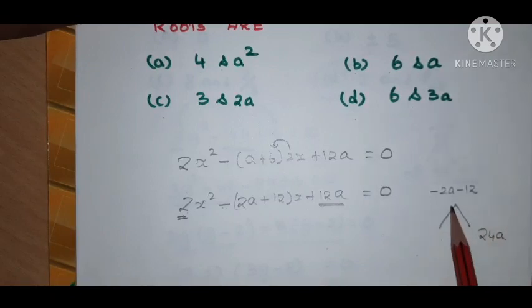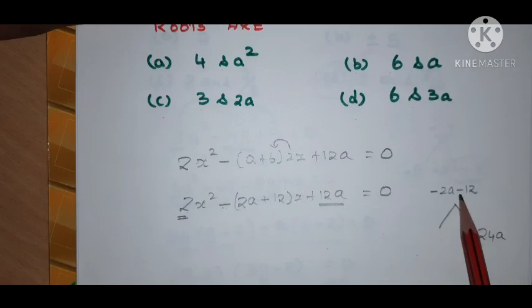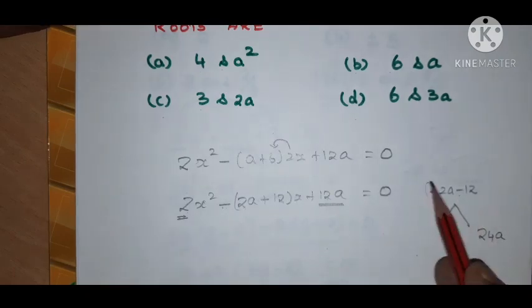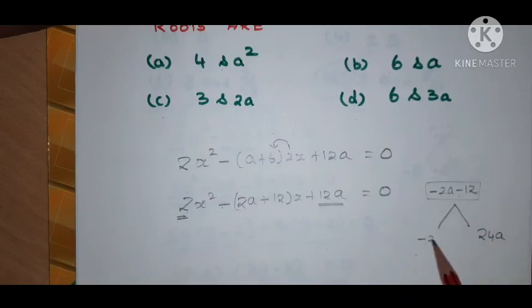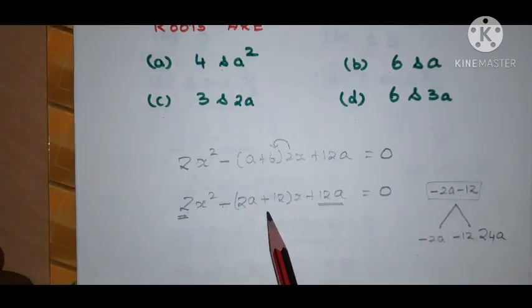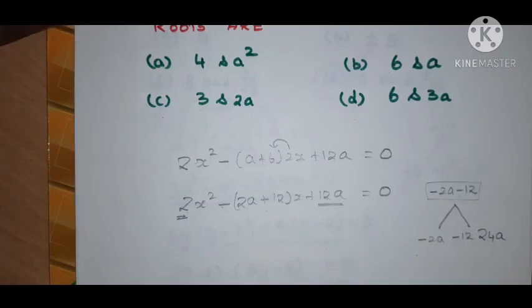If I add those two terms, it will provide minus 2a and minus 12. The value is the same. They have given it here itself: two terms, minus 2a and minus 12. That's the term we need to find. Actually, we don't need to do these steps, since they have directly given it here itself. We can split it up and work it out, but for learning purposes, we have seen this also.